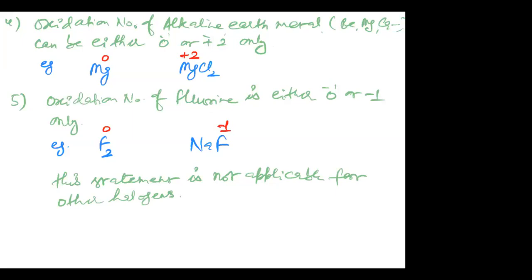For example, in the case of other halogens, compounds may be ClF3 or IF7. Here the oxidation number of fluorine is -1 each. But in the case of chlorine, its oxidation number is +3. It is forming 3 bonds with the more electronegative fluorine, so it is +3. Same in the case of iodine, it is going to be +7.